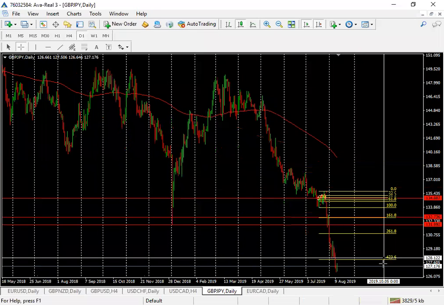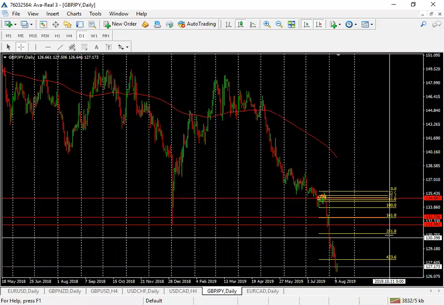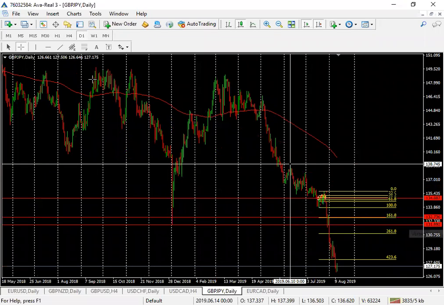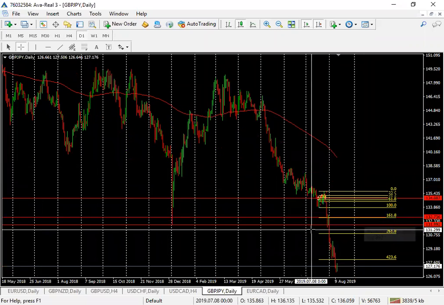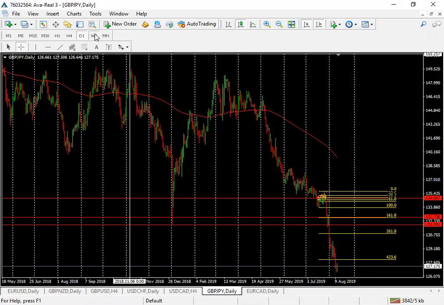It also has reached 423.6. Our initial target was this 1327, and secondary target was this swing low over here, which we can see has been demolished.